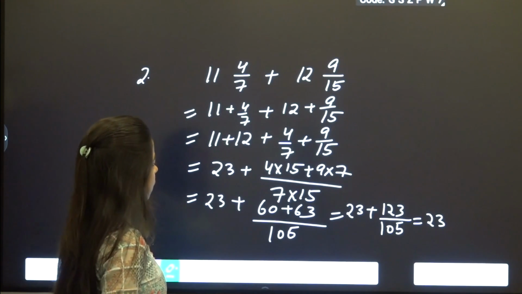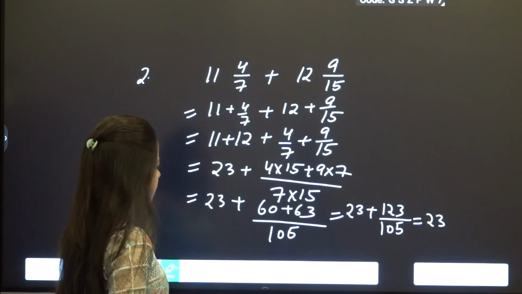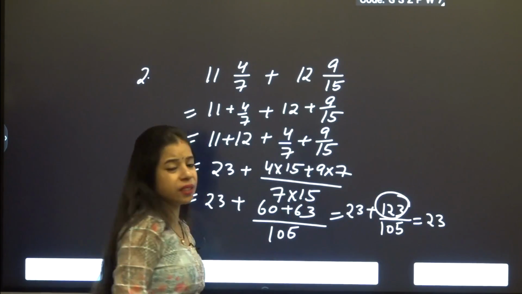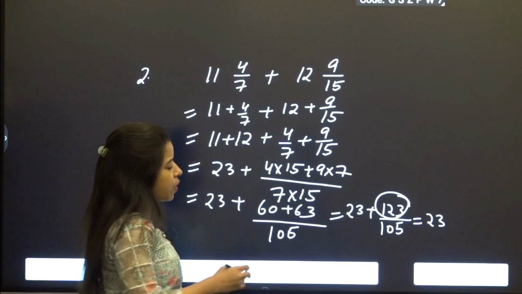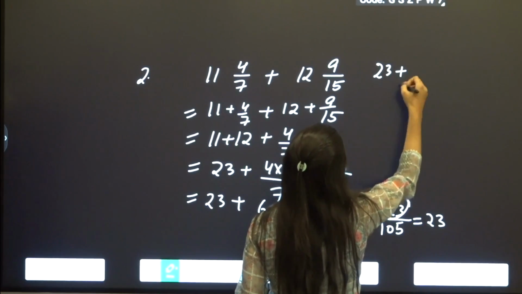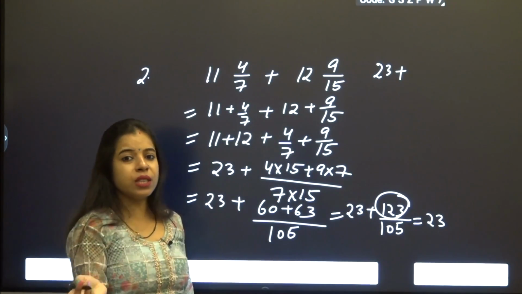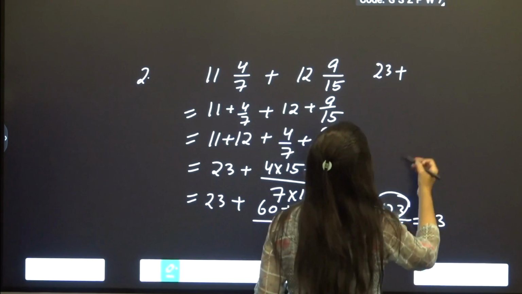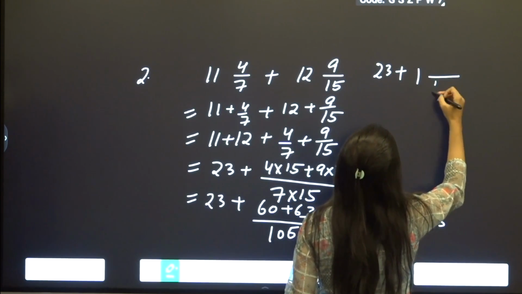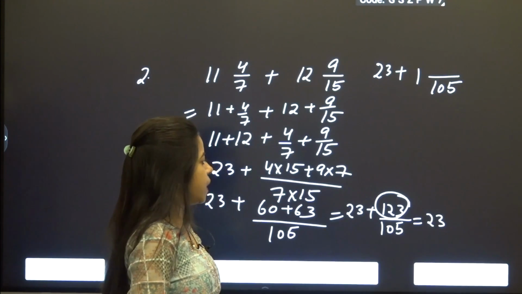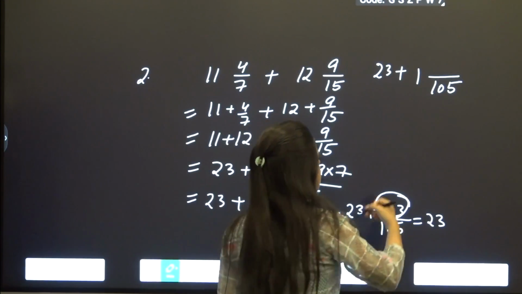Okay. Now what we can see is, again, here 123 is greater than 105. So what we can do is, 23 is as it is. Let us convert this fraction again into the mixed one. So this will become 1, 105, and 23 minus 5, that will be 18.